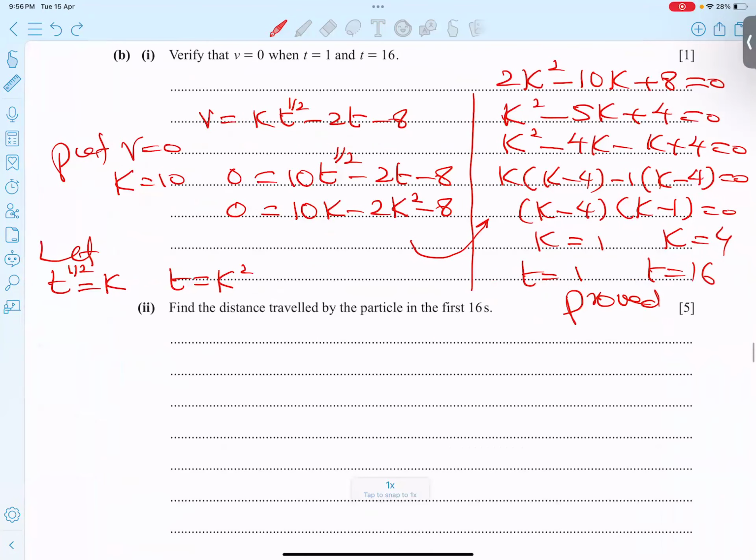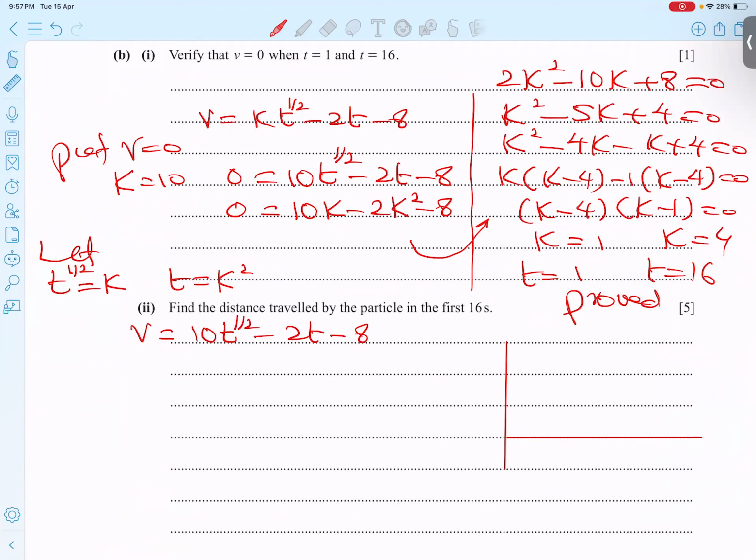But what is the important part in this kind of question? Before I start, you must check it. Sketching is an important task here, but I must check before I sketch, before I go for my answer. The equation for velocity I have here is 10t to the power half minus 2t minus 8.